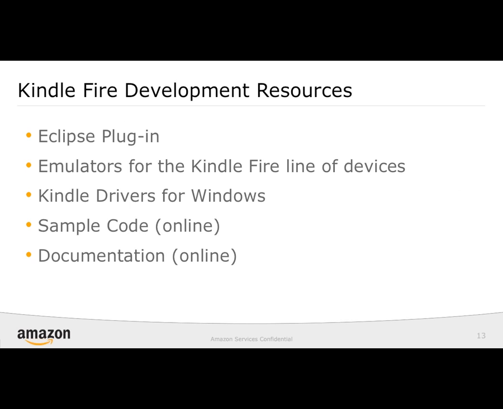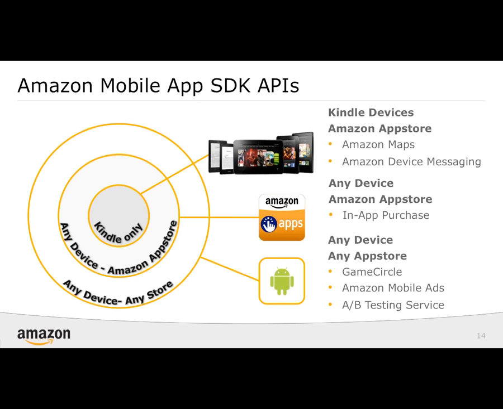Let's see, I believe I've already covered that. Oh, yeah, so the APIs. One of the great things about our APIs is that we're trying to make them as broad as possible. We have two APIs that are specific to Kindle Fire, our maps and device messaging. We have in-app purchasing, which works on any app sold in the Amazon App Store for Android, regardless of which device it ends up on.